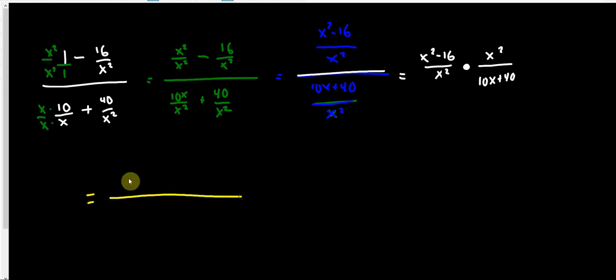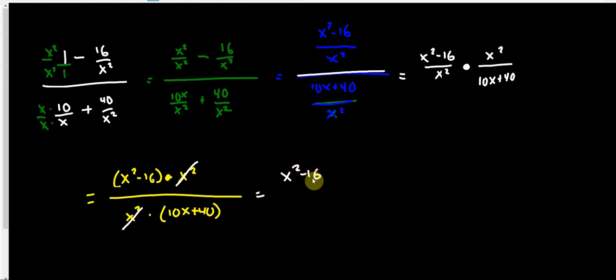So I can now put this together in a big fraction where I have x squared minus 16 times x squared on top. On the bottom, I have x squared times 10x plus 40. Ooh, yes. You see the x squareds will cancel out, and I have something pretty simple. I have x squared minus 16 on top and 10x plus 40 on the bottom.